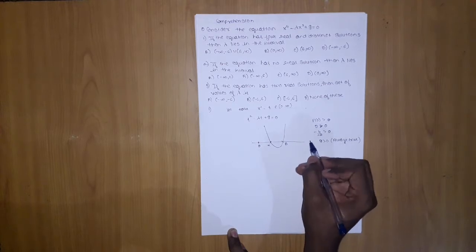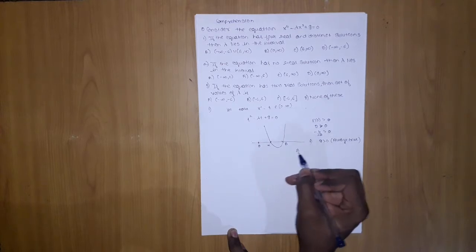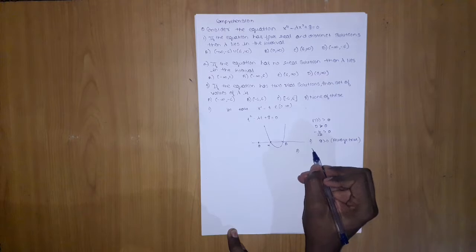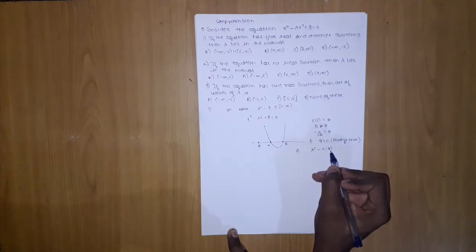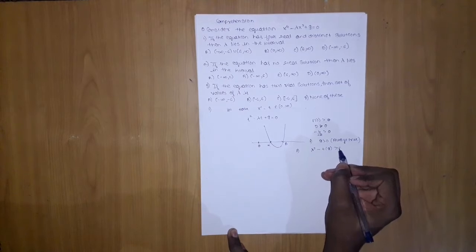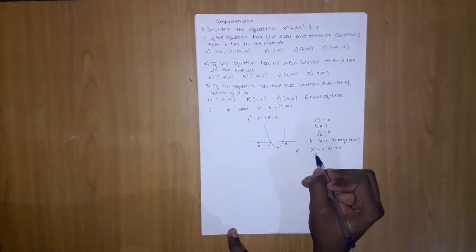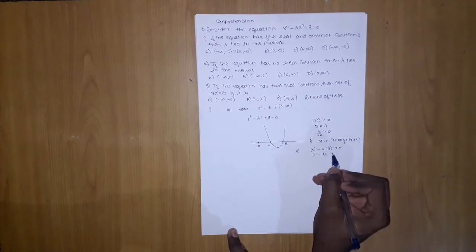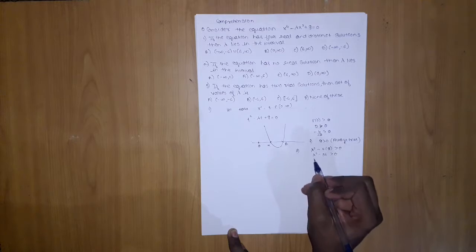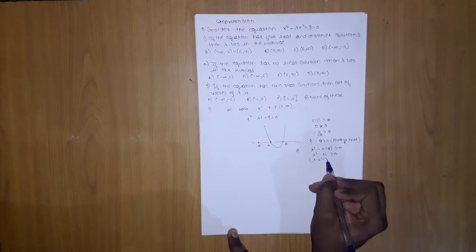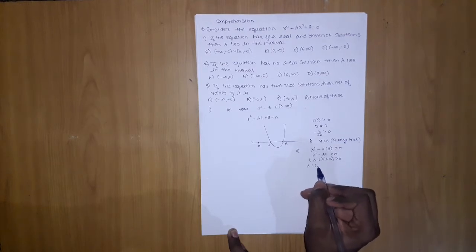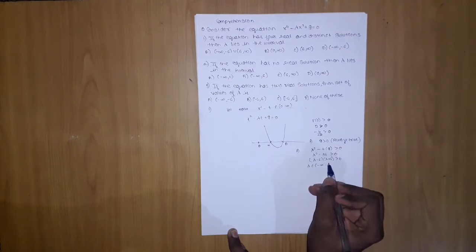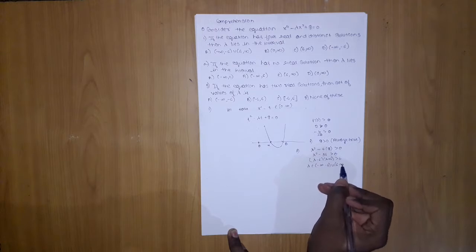Let's check the other conditions. Second is D greater than 0, so lambda square minus 4 into 9 should be greater than 0, which is lambda square minus 36 greater than 0, so we get minus infinity to minus 6 union 6 to infinity.